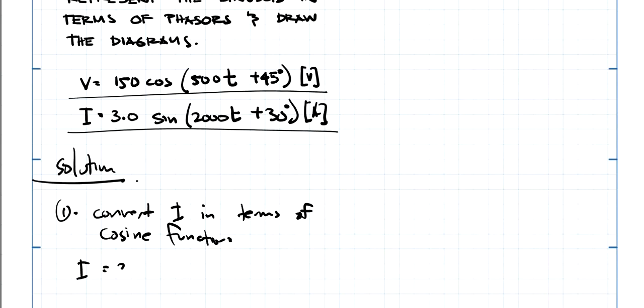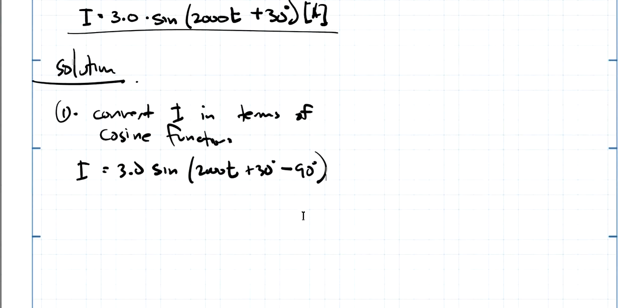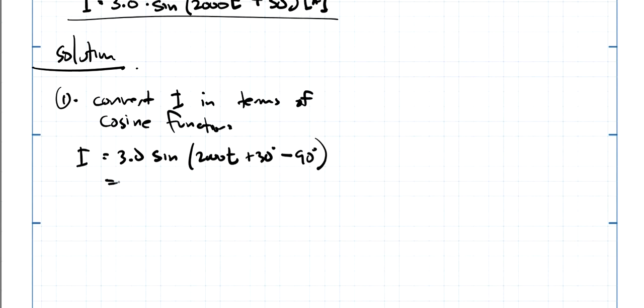I is simply 3.0 sine(2000t + 30 degrees). This one is positive, so it will be minus 90 degrees. Right, so 30 minus 90, that's going to be 2000t minus 60 degrees.